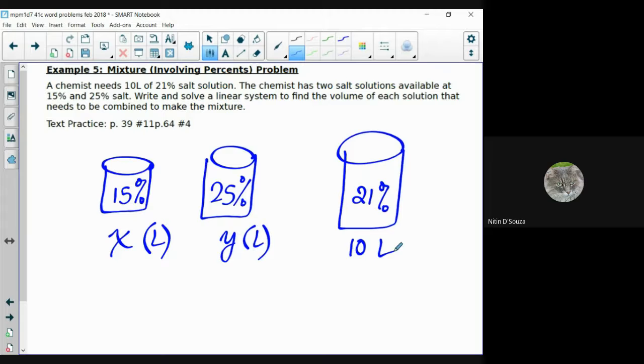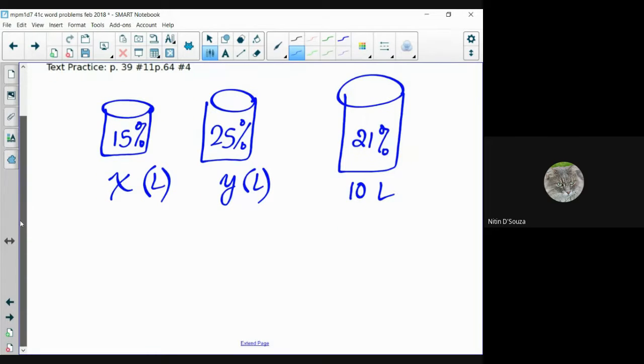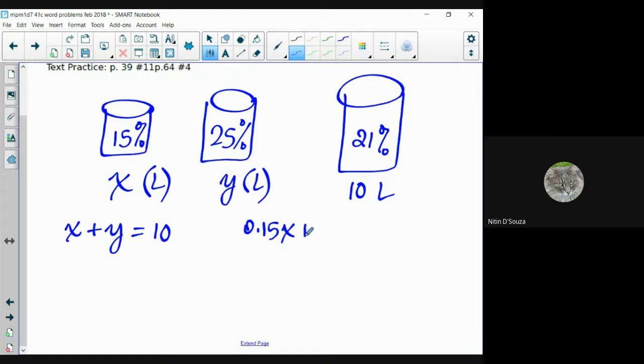If I take 15% of this, 25% of this, I'll get 21% of this. Questions? You see it? So I've got X plus Y equals 10. I've got 0.15X plus 0.25Y equals 0.21 times 10.